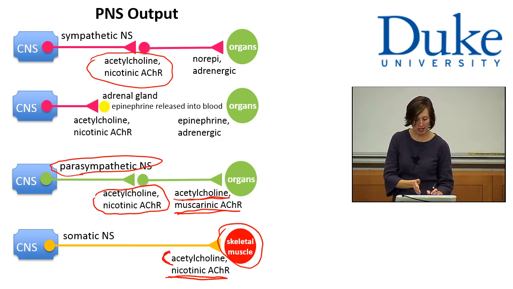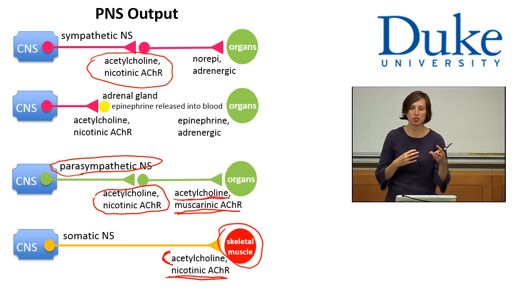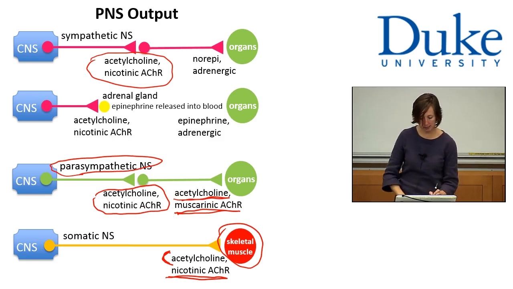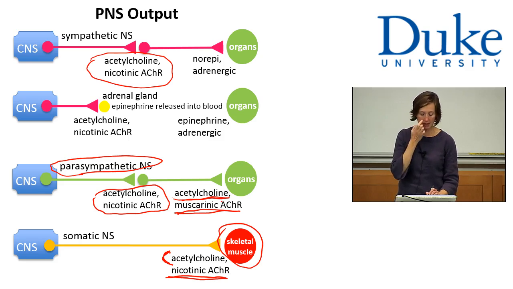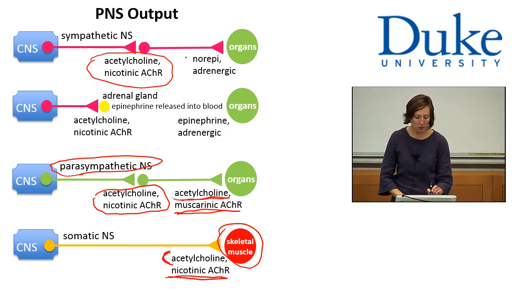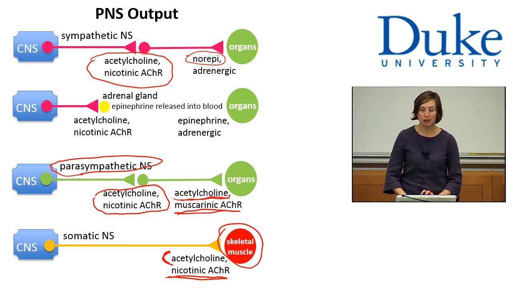It's just in the autonomic, the second neuron of the autonomic system where things change. So we said already for the parasympathetic system, it's acetylcholine and muscarinic acetylcholine receptors. In the sympathetic nervous system, we're releasing mostly norepinephrine or noradrenaline and then binding adrenergic receptors on the organs.